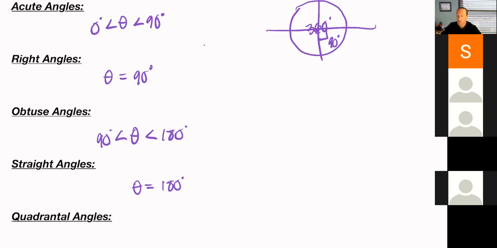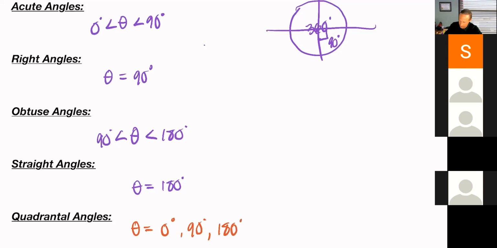So read the word quadrantal angles. What do you think those are? When one of the sides of the angle lies on the x or y axis. Very good. If I am on one of my axes, whether it's x or y, then those are what are called quadrantal angles. So they are going to be in multiples of what? 90. Good. So we're going to say it starts at 0, goes to 90, then what? 180.